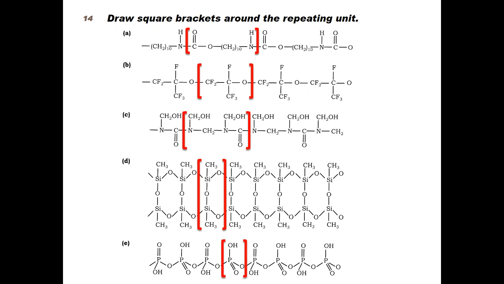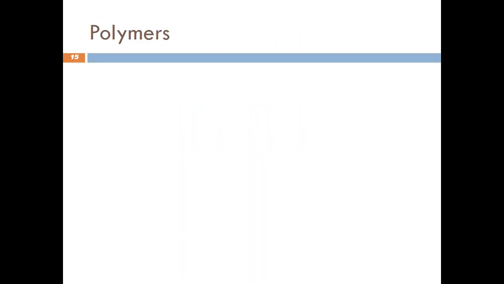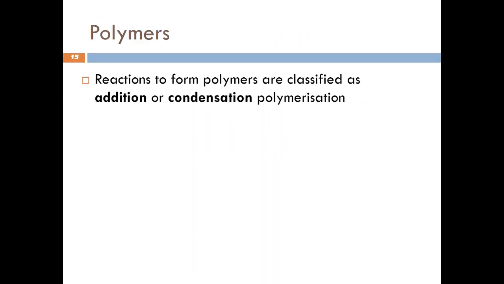Some people get confused that this part and that part look very different. The monomer unit is still the same, but the next one is just flipped around and that continues. In terms of molecular formula, that's still the repeating unit.